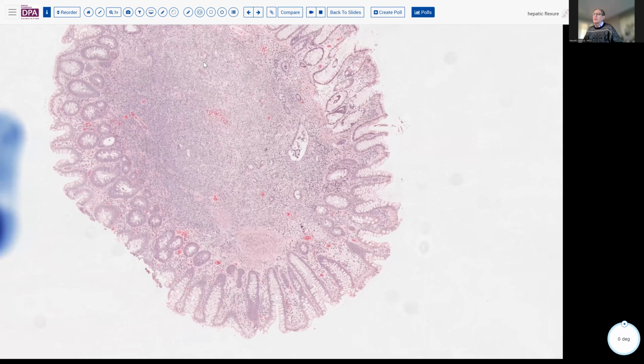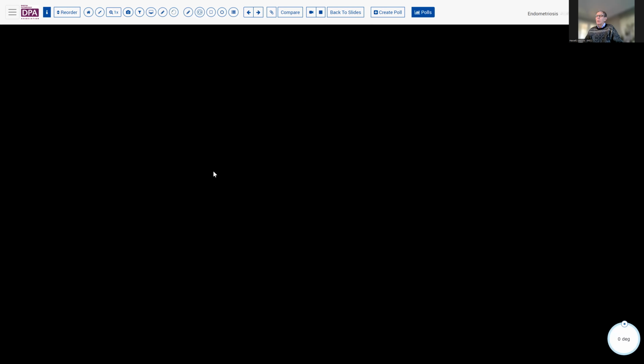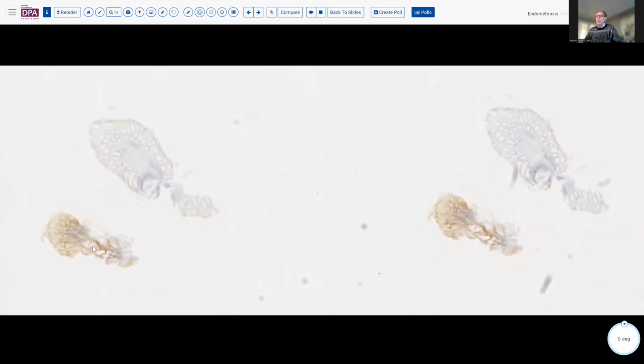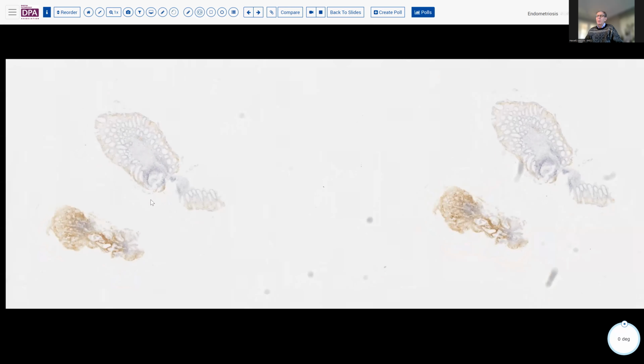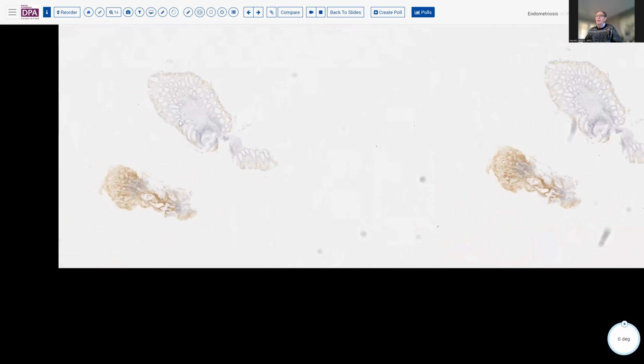So the diagnosis of endometriosis is contingent upon demonstrating both glands of endometrial type and endometrial type stroma. Now, in some circumstances, immunohistochemistry can be useful in that setting. And this is a nice example where a CD10 stain shows essentially no staining of the normal enteric lamina propria or muscularis.